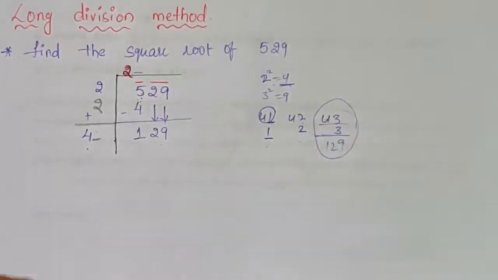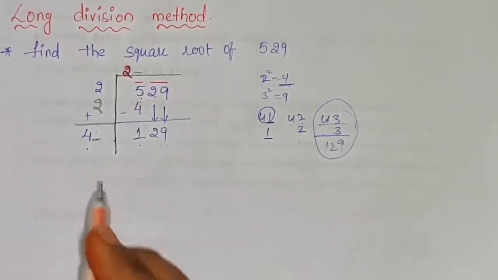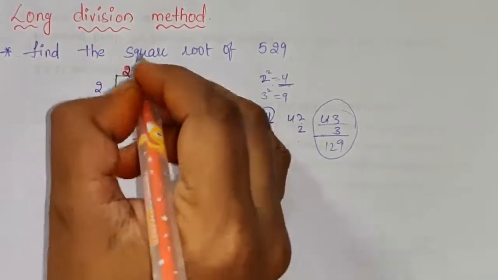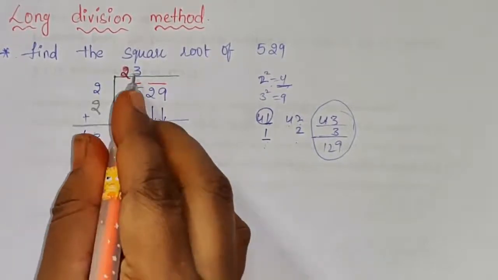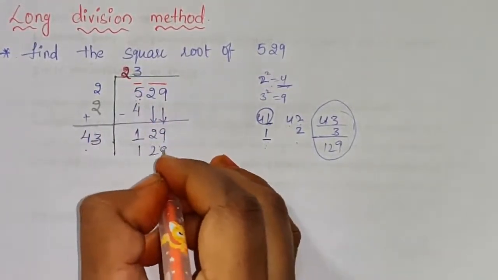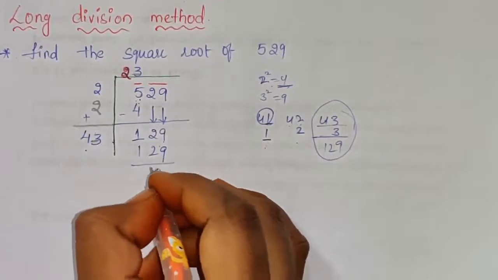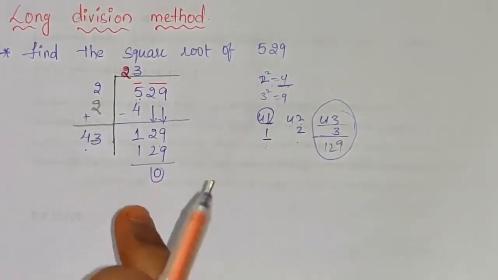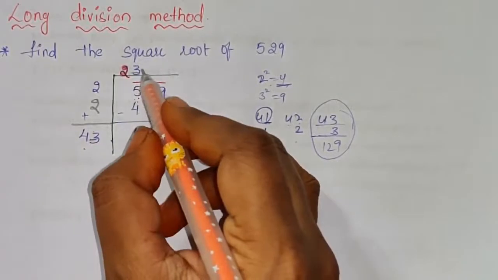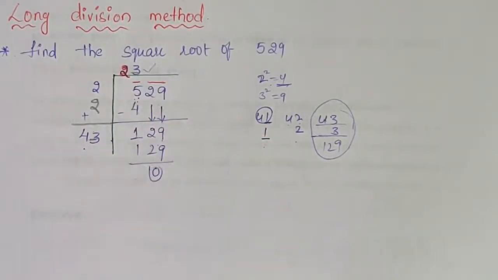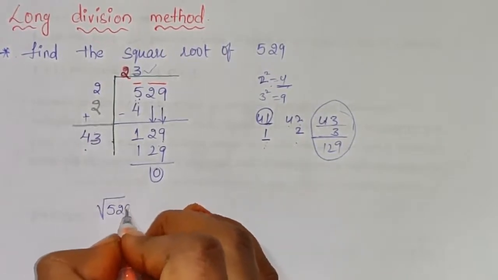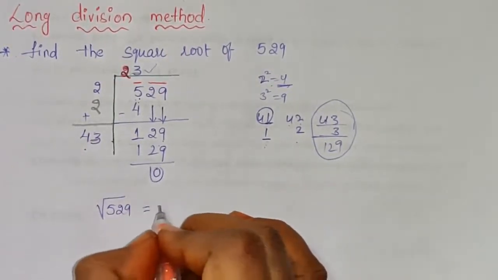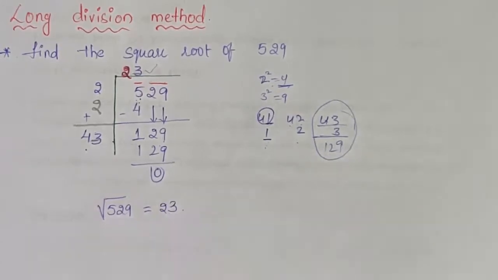This gives the perfect result, 129. So I am taking 3 here and also 3 in the quotient. 43 into 3, how much is it? 129. The remainder is 0. As the remainder is 0, this quotient is the square root of the given number 529. That is, the square root of 529 is equal to 23. Okay, this is the long division method.